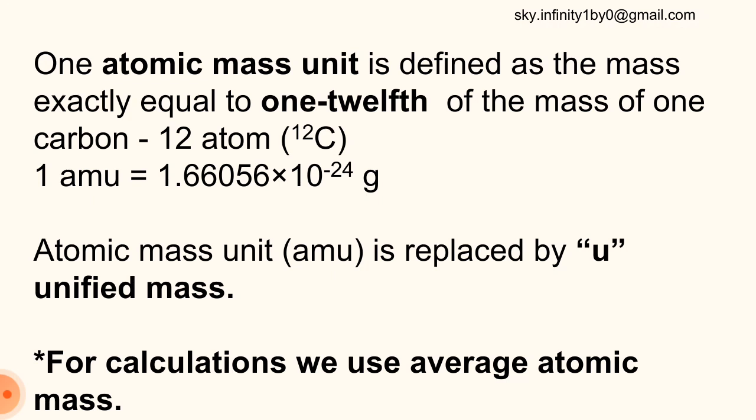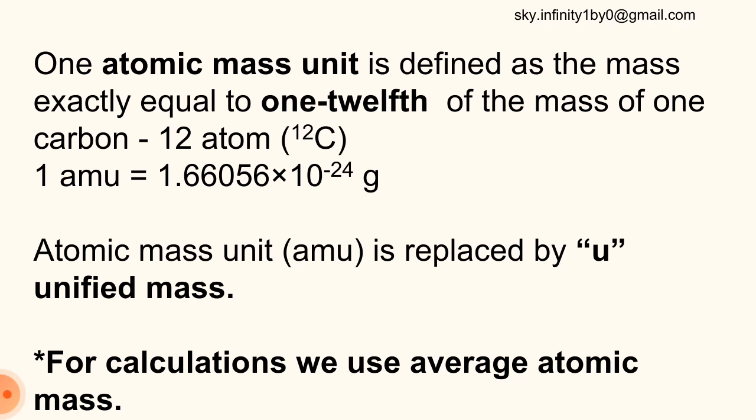So 1 atomic mass unit is defined as the mass exactly equal to 1/12 of the mass of one carbon 12 atom. So 1 atomic mass unit is equal to 1.66056 into 10 raised to minus 24 grams. Atomic mass unit is replaced by U, which is called unified mass.